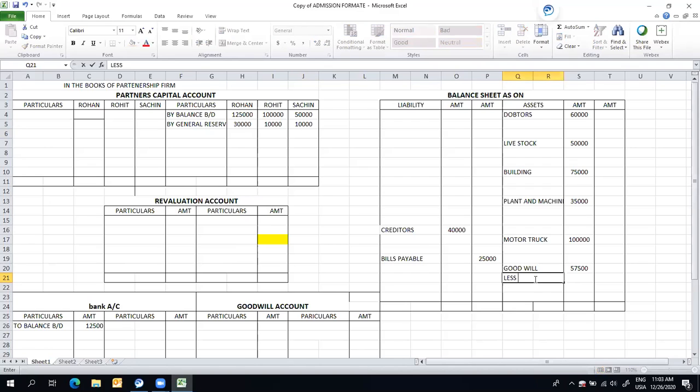So less revaluation. 50,000 is the final value. It means in inner column we will take balance 57,500. जो चीज 57,500 का था, now it became 50,000. So it must have depreciated by 7,500. 7,500 से कम हो गया.